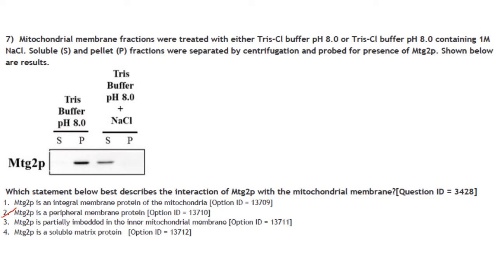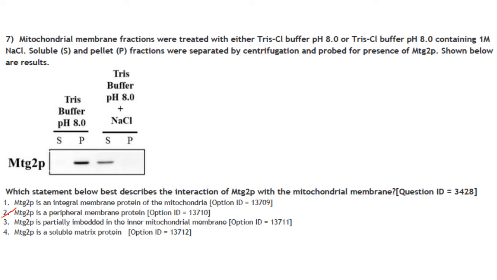Mitochondrial membrane fractions were treated with either a tris HCl buffer pH 8 or a tris Cl buffer pH 8 containing 1 molar NaCl. Soluble and pellet fractions were separated by centrifugation and probed for the presence of MTG2P. Shown below are the results.